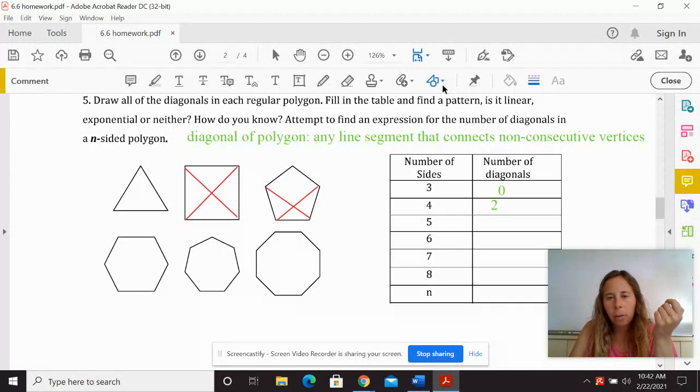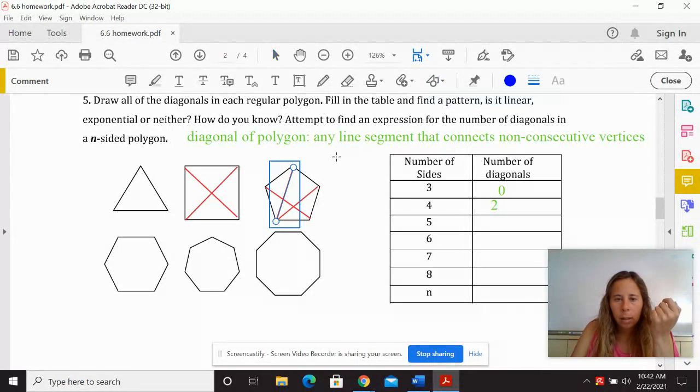But I can go, did I grab it? I think I did. From here, I can't go here, they're next to each other, but I can go all the way down here. And then, oh, it's not going to let me.